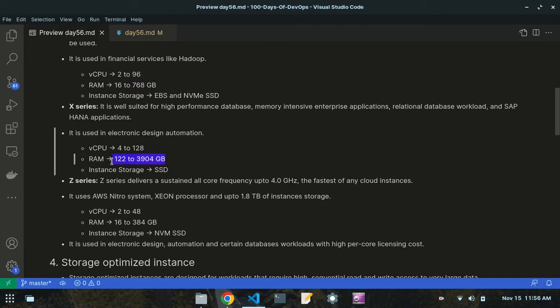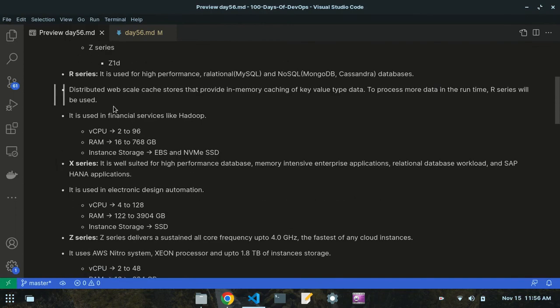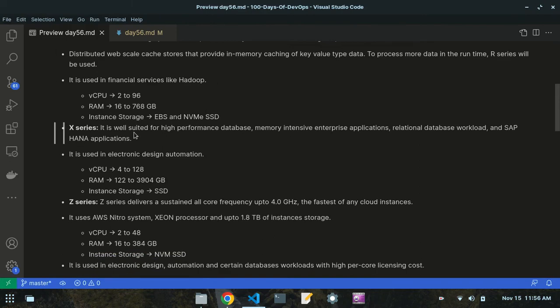So this is much more RAM, which provides high performance delivery of data in the X series, much more than all the instances that I have discussed before. And after that, the instance storage will be only SSD, not EBS.